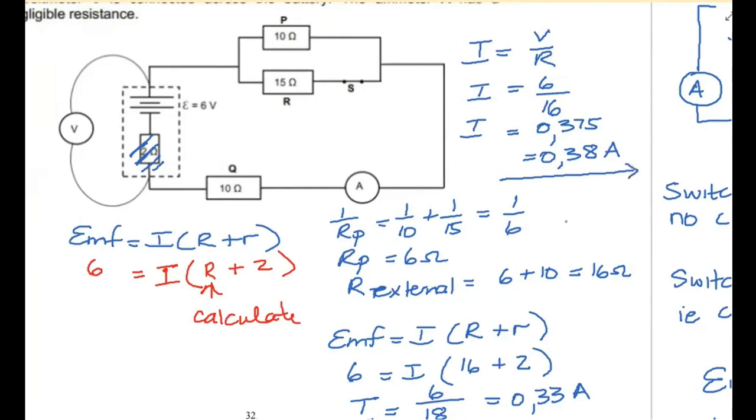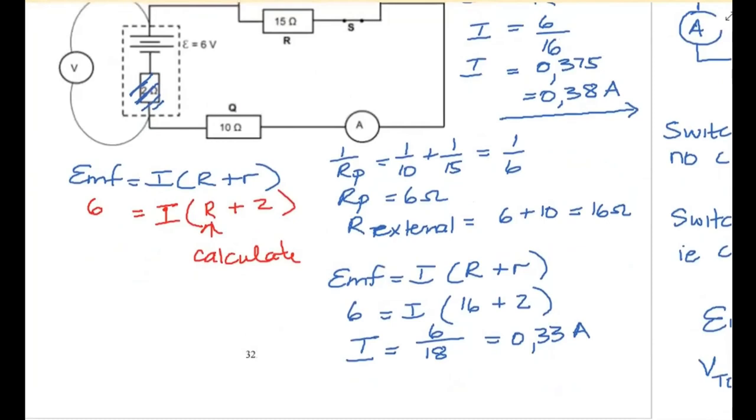You guys all understand? Is everyone okay with the fact that, as James was saying, if the 2 ohms wasn't there, you would get a much bigger current? If you compare before, we got 0.38 without internal resistance. Remember, we only got 0.33. Okay.